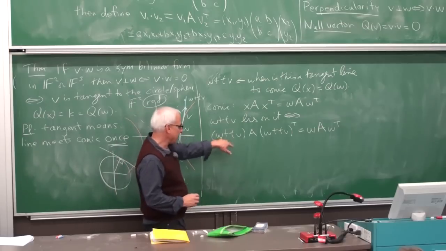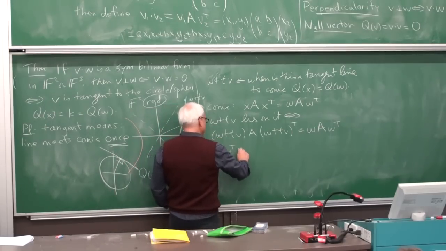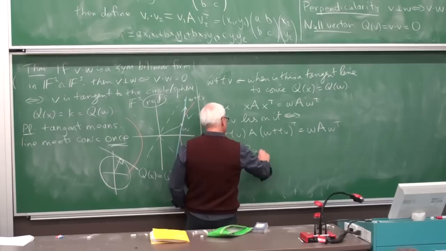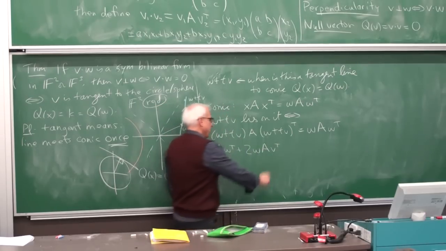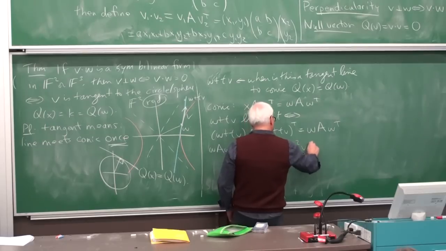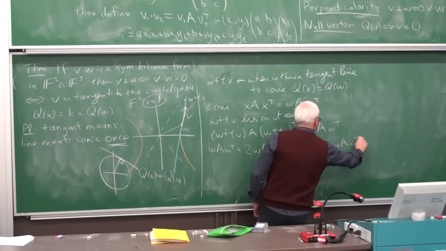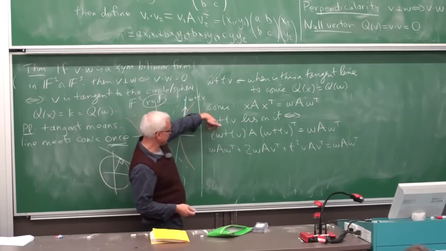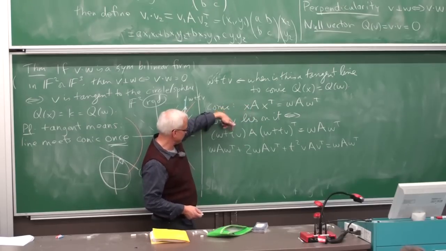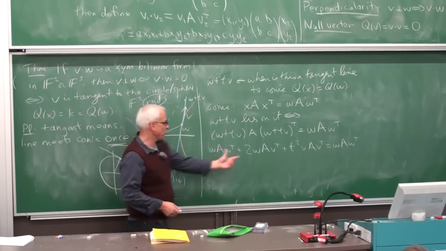Okay, but this is bilinear, so we can rewrite this as W A W transpose plus 2T times W A V transpose plus T squared V A V transpose equals W A W transpose. And I've used the fact that it's symmetric so that WAV is the same as VAW transpose. There's 2 terms that add up to this one.